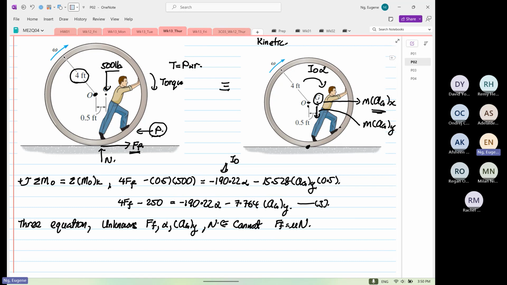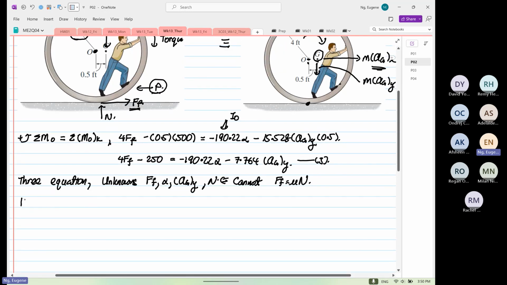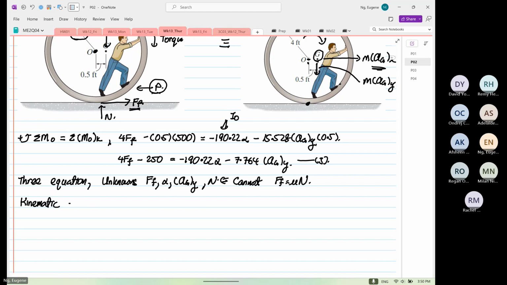You guys have seen this before. Whenever you have the trend where you have 3 equations and 4 unknowns, to get another expression we have to go into kinematics analysis.